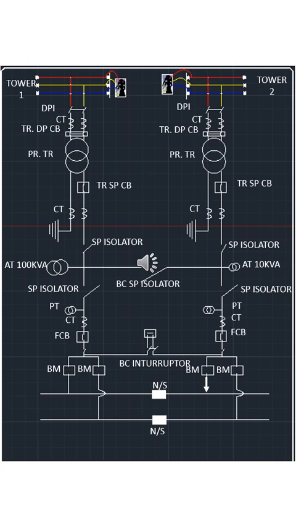Because when you are closing, as the air gap step by step is reducing, the air will be ionized and a spark over will take place and the isolator will be melted. So first you close the isolator when the circuit is not continuous, meaning open circuit. At that time only you can close the no load switch. Then you close the double pole circuit breaker to charge the traction transformer.